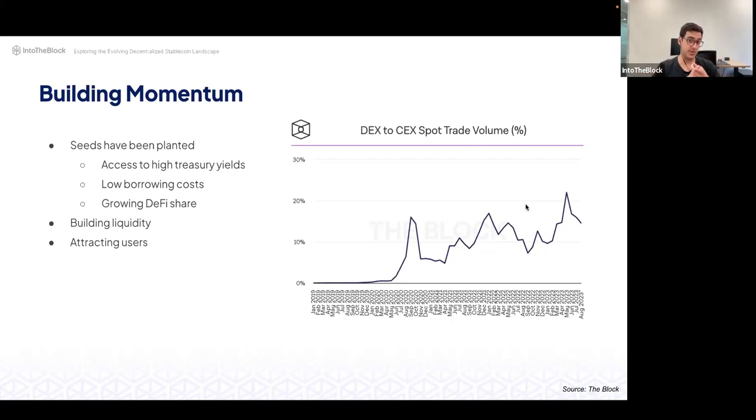We now have access to high treasury yields on chain, which wasn't the case just a few months ago. People can now, through DAI, get these stablecoin yields, and it arguably makes it at least on par, if not higher, than treasuries.